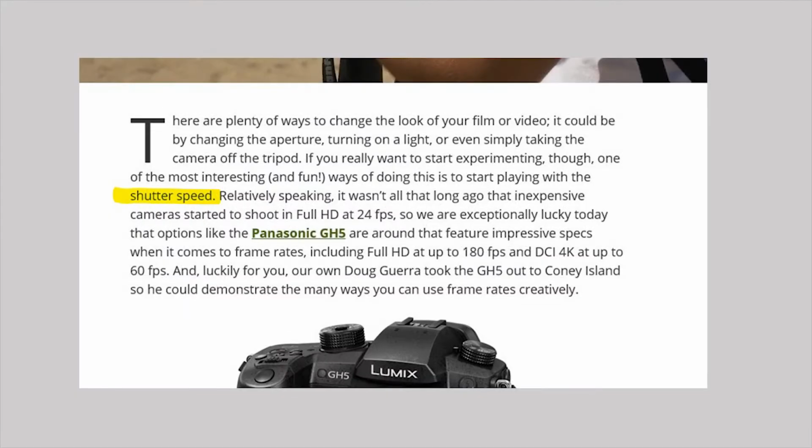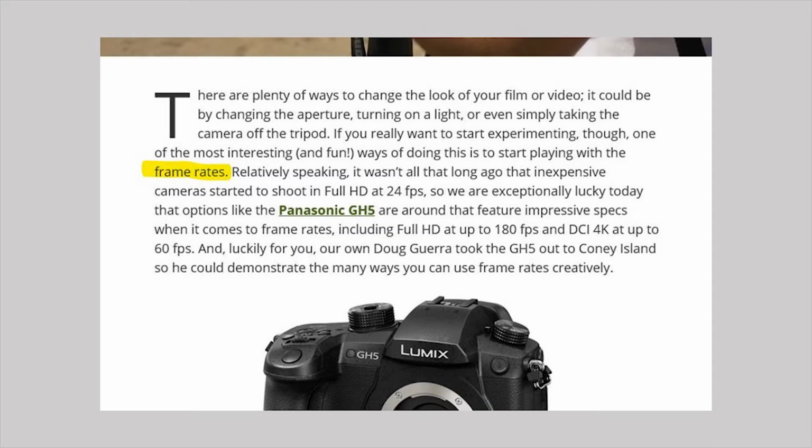Maybe it was just a coincidence. It starts by talking about shutter speed. I thought, wait a minute, shouldn't that be frame rate? So I bookmarked the page, and when I came back to it 2 days later, they had changed shutter speed to frame rate. So the lesson here is that it's okay to be confused as long as you know you're confused.